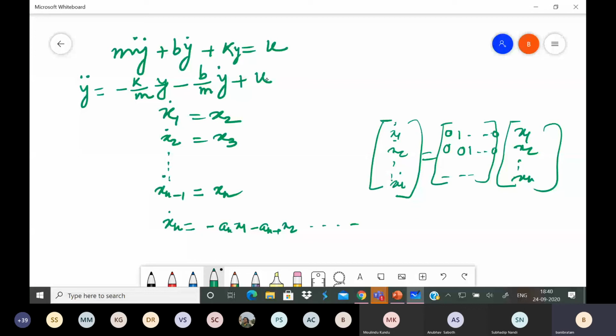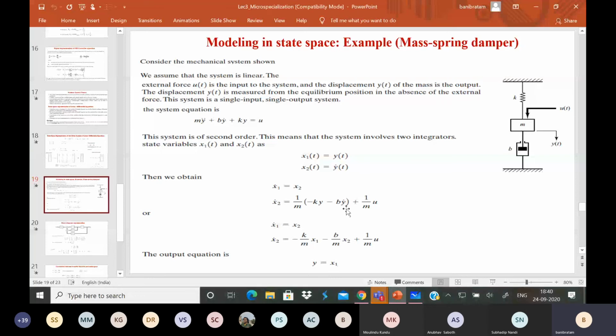So this is nothing but x2 dot. So x2 dot equals minus k by m y minus b by m y dot plus 1 by m u.